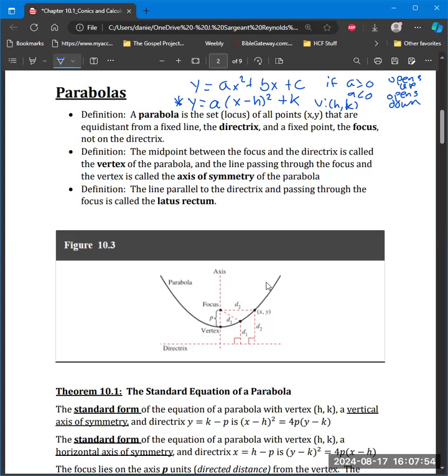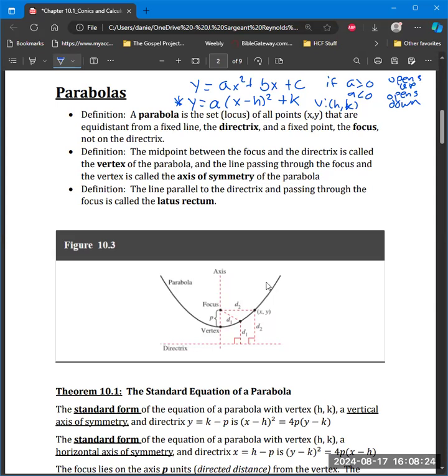It's going to be a minimum point for the function if it opens up. It's going to be a maximum point if it opens down, but we're also going to be able to define these parabolas that open left and right, which we couldn't do before because y was not a function of x in that case.